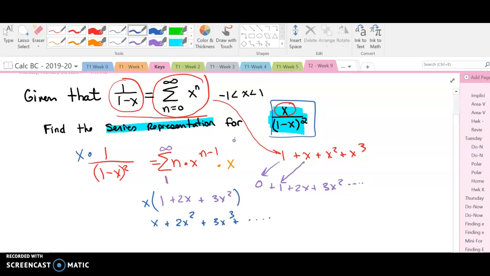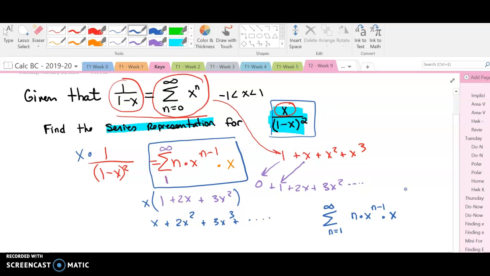Or when I multiply this by x, I have the summation from n equals 1 to infinity of n times x to the n minus 1 times another x.